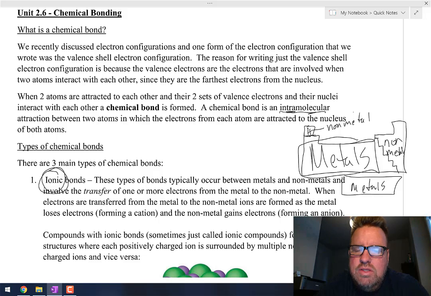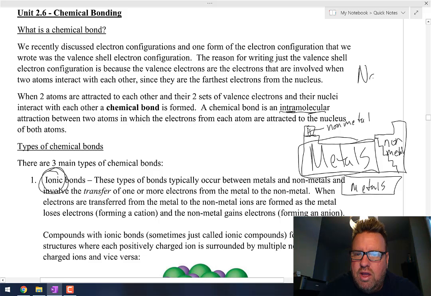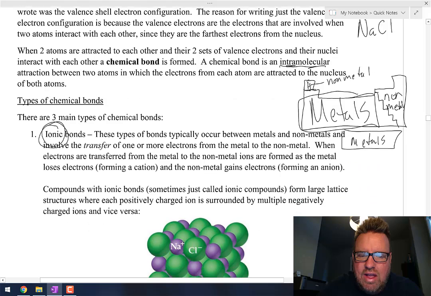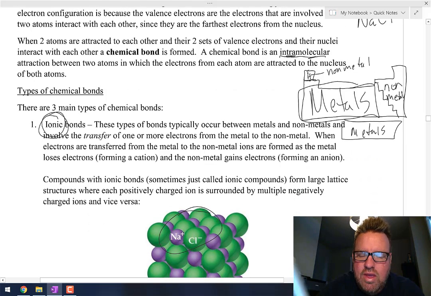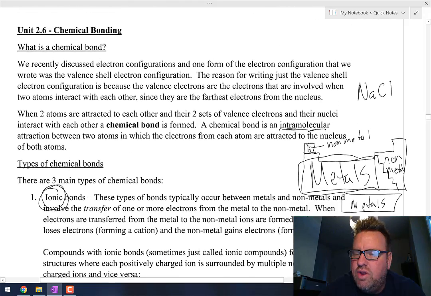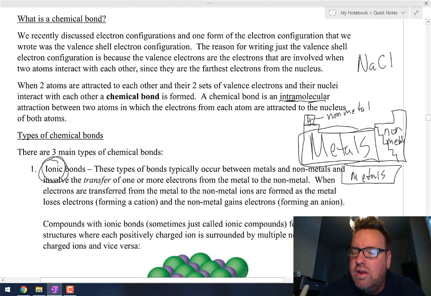For example, sodium chloride, NaCl, has an ionic bond. How do I know that? Because sodium is on the metal side, and chlorine is on the non-metal side, so it's a metal with a non-metal.